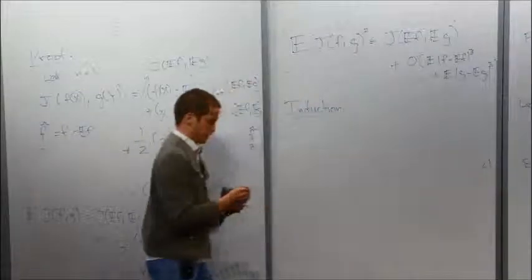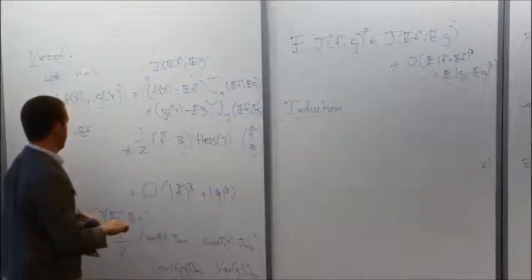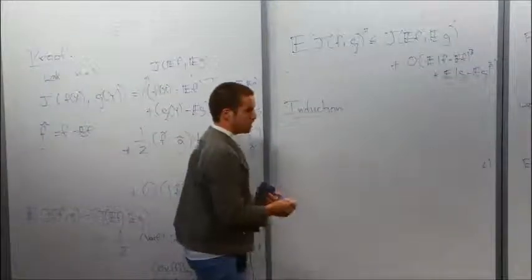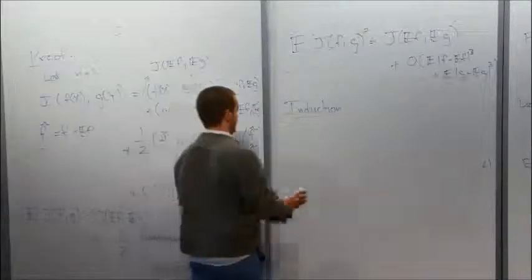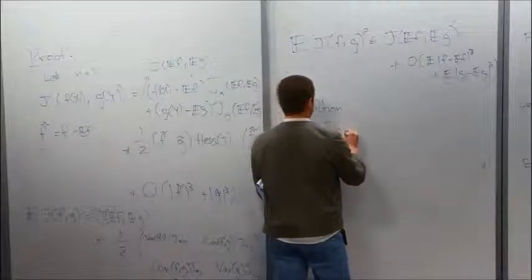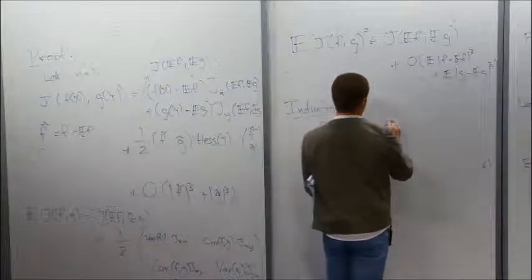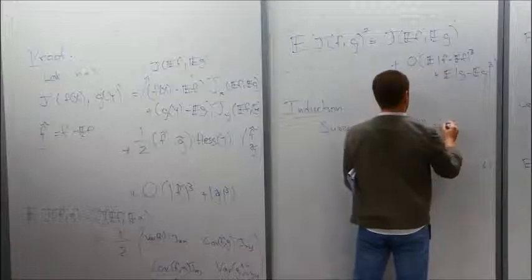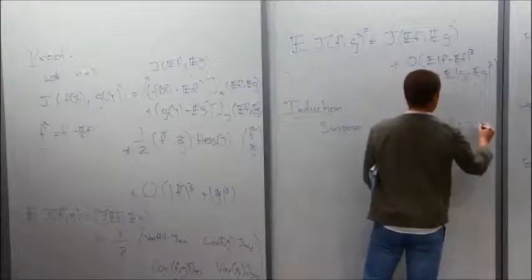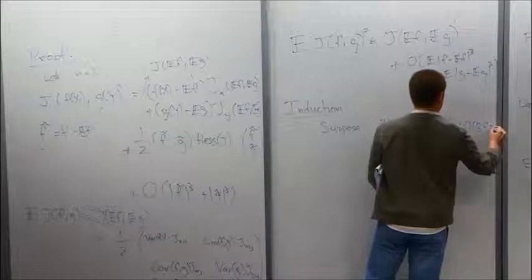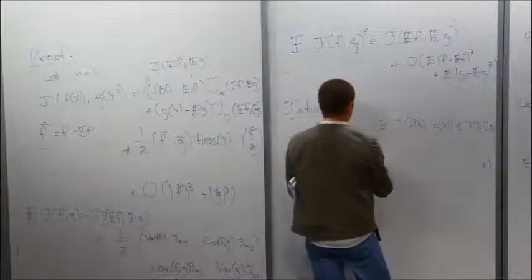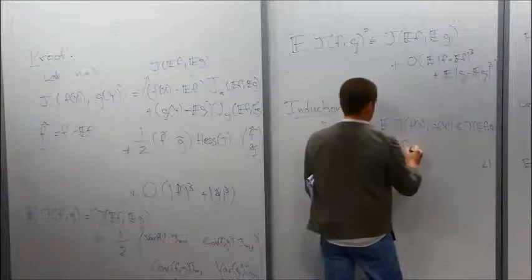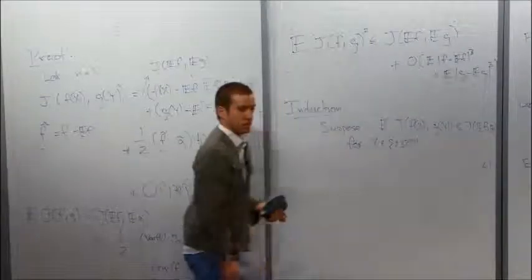So now I want to do the inductive step. And actually, I claim that the inductive step is almost trivial. So let me just cheat a little bit, and I'm going to prove the inductive step without the error term. So I suppose, and this is unfortunately not true, that the expectation of j of f of x, g of y, is smaller than j of the expectations for x having n minus 1 variables and y having n minus 1 variables.